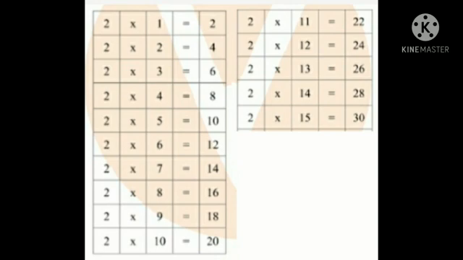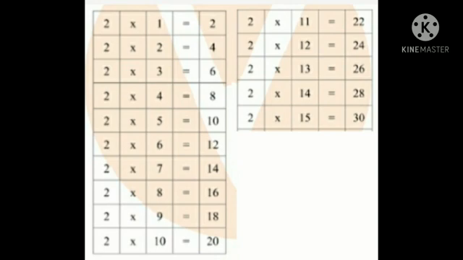10, 2 sixes are 12, 2 sevens is 14, 2 eights are 16, 2 nines are 18, 2 tens is 20, 2 11s are 22, 2 12s are 24, 2 13s is 26, 2 14s are 28 and 2 15 times gives you 30.